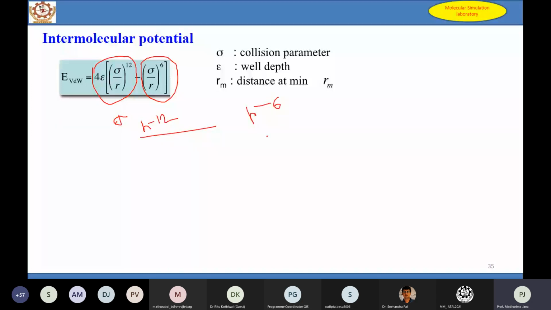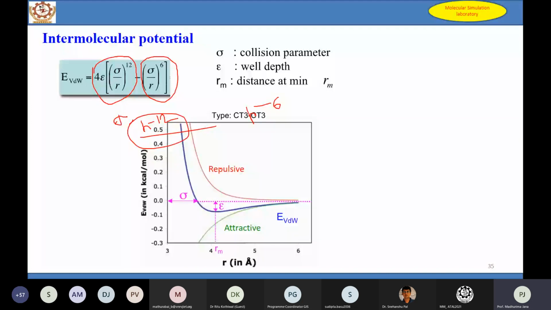Pauli's repulsive exclusion is incorporated here, and if you see the potential with the change of distance, this is the repulsive part, and this is the attractive part. When both of these are combined, it gives you the Lennard-Jones or van der Waals interaction. This is the blue one. Well depth means the difference from the zero potential energy.